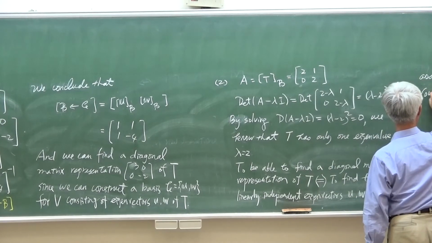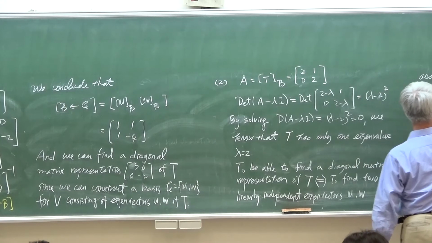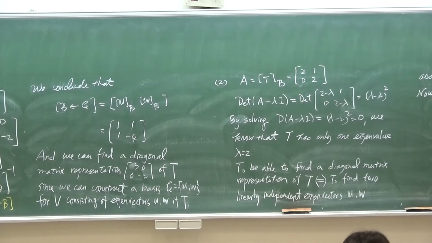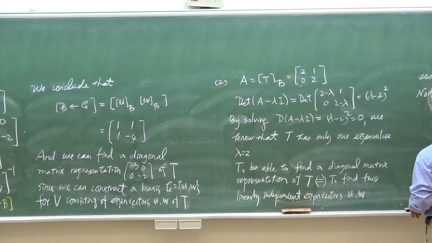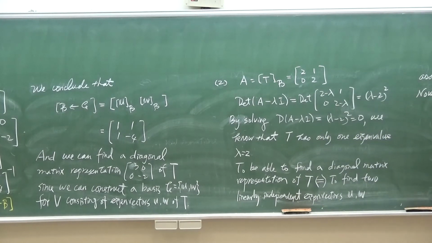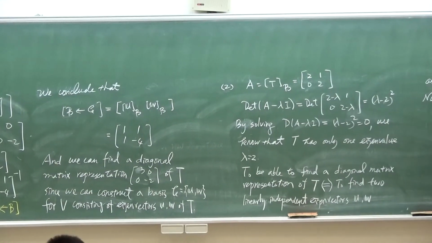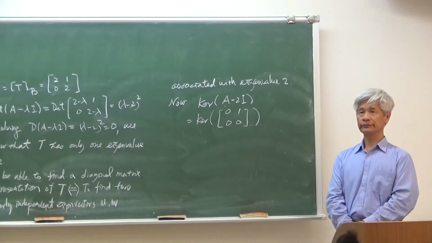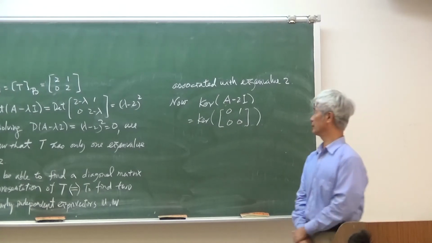Now, kernel, so we have to solve A minus 2I. Okay, so what is the kernel? The kernel of the matrix, so this is 0, 1, 0, 0. Okay, so that's the kernel. So what is that?